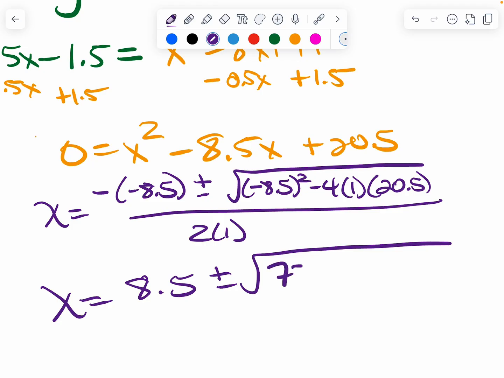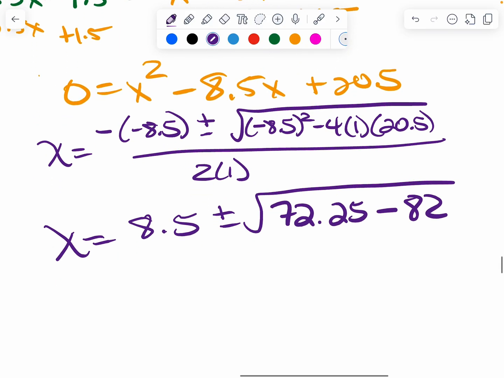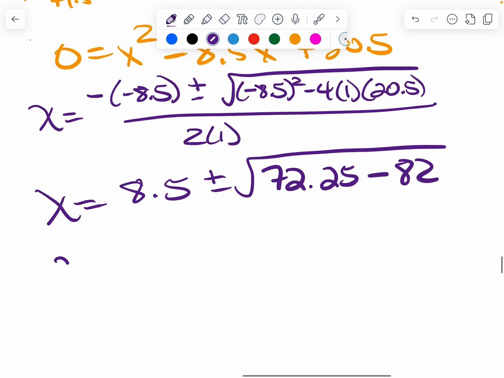That is going to get me 72.25 minus 82, all over 2.